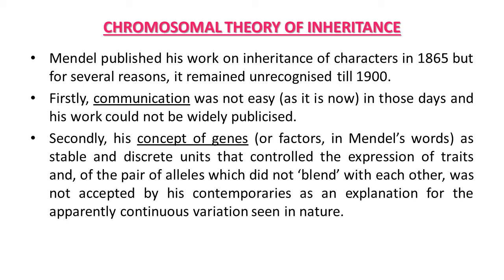Mendel studied a number of characters in pea plants, but at that time facilities were not available when Mendel worked out all this regarding genetics or inheritance. Mendel published his work on inheritance of characters in 1865, but due to several reasons it remained unrecognized till 1900. You can understand, he worked out a lot on genetics and inheritance, but it was not recognized at that time.